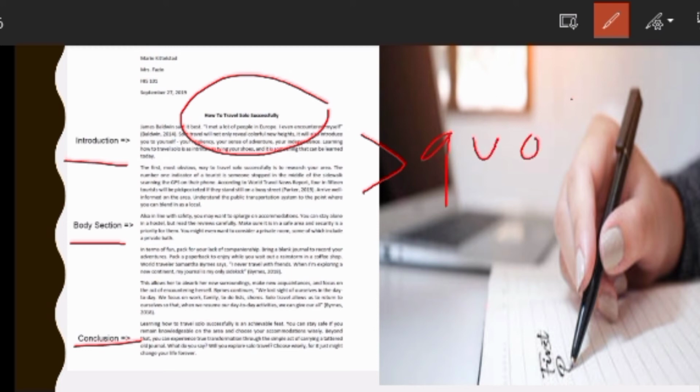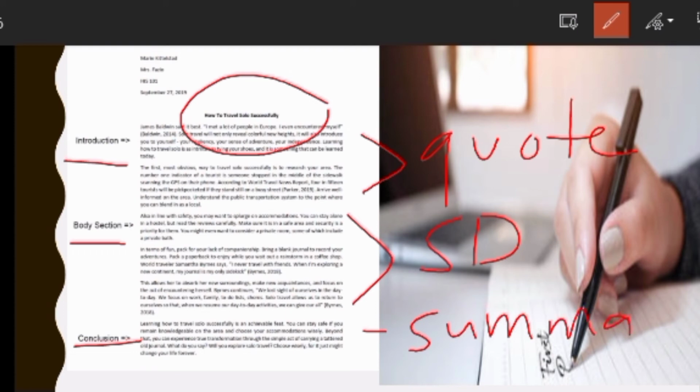Then you also have the body section. So it consists of supporting details about your topic. Then the summary or the conclusion. So these are the important parts and important things that we need to always remember when writing an informative essay.